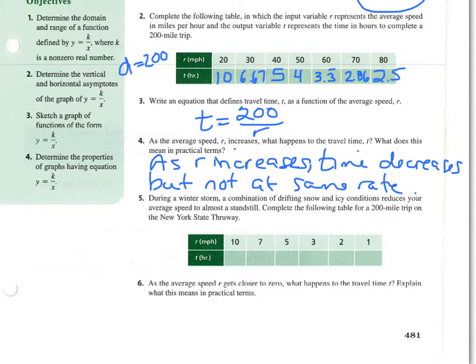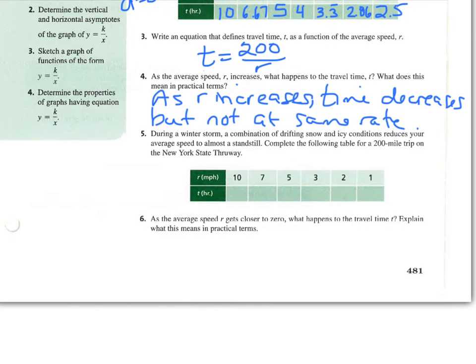Now during a winter storm, you have to reduce your speed, so now you're going even less for your 200-mile trip. Let's say I go 10 miles per hour. It's going to take us 20 hours for that trip. And 7 miles per hour, 28.6. 5 miles per hour is going to take 40. 3 miles per hour, 66.7 or 0.6 repeating.